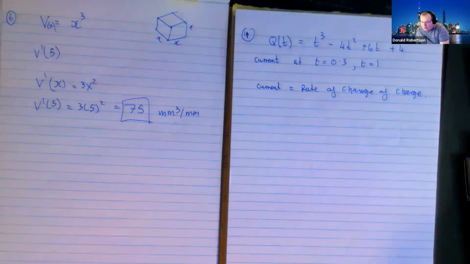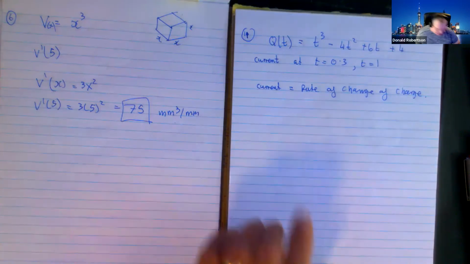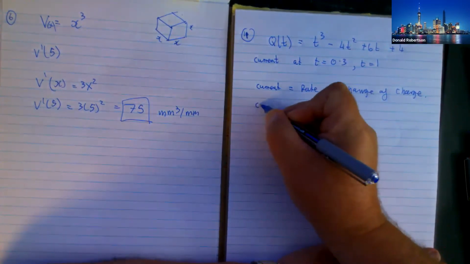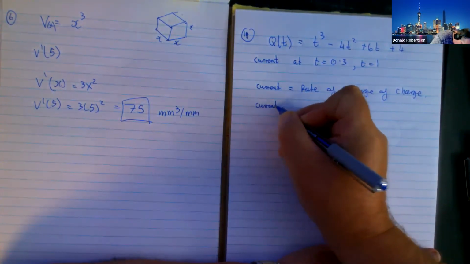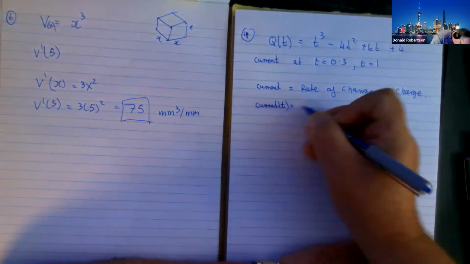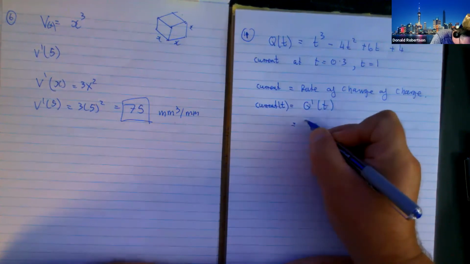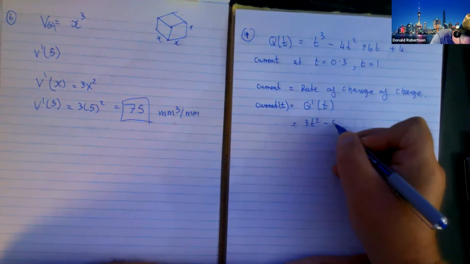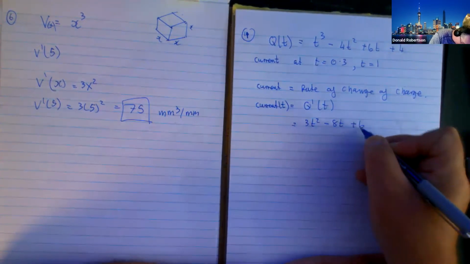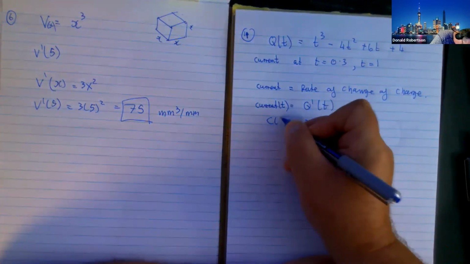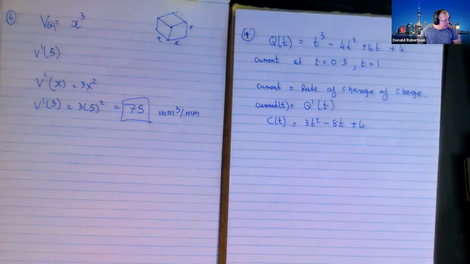Now, if I didn't know that, I will work on the principle that when I'm in this question and they give me a function, won't I differentiate this function? Because that's kind of what you're going to do, right? So I now know what the current is. The current at any given time t is the derivative of this one. So it's going to be 3t squared take away 8t plus 6. And I guess I'll call it C of t, right? The current.